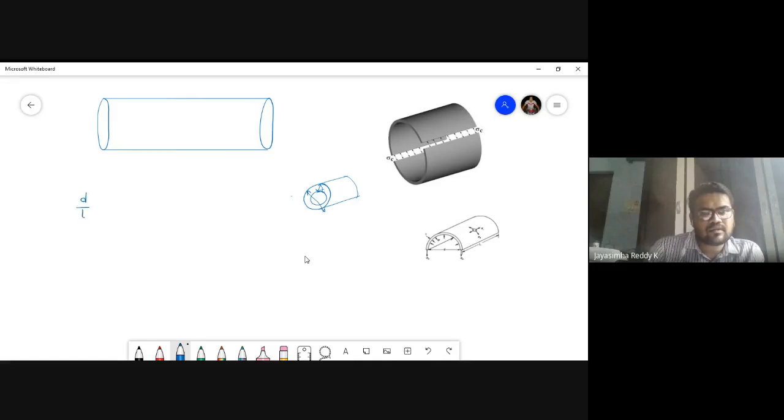Diameter to thickness greater than 20 is a thin cylinder. Diameter to thickness less than 20 is a thick cylinder.